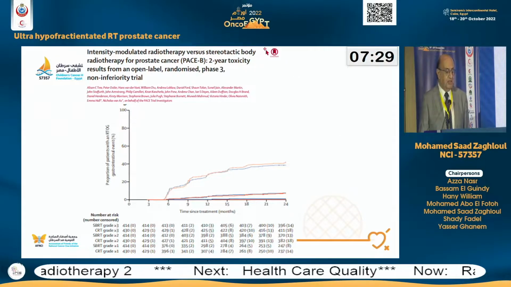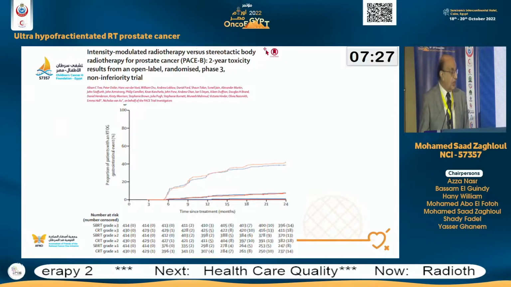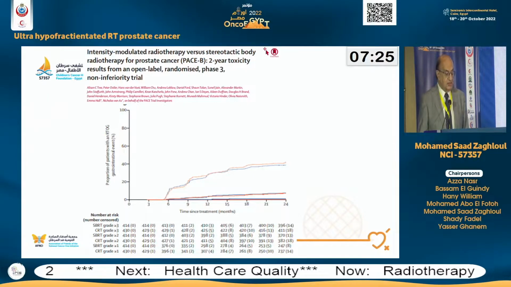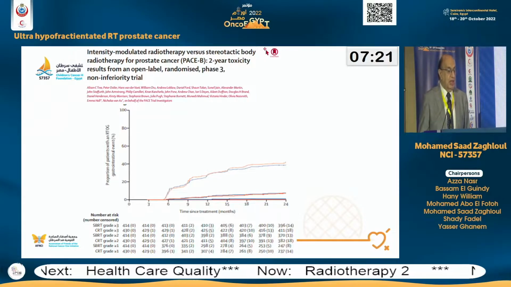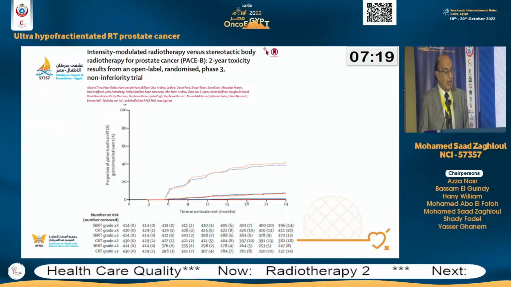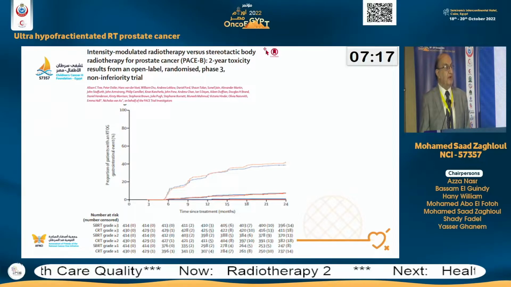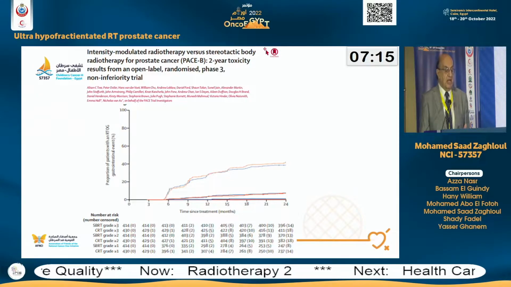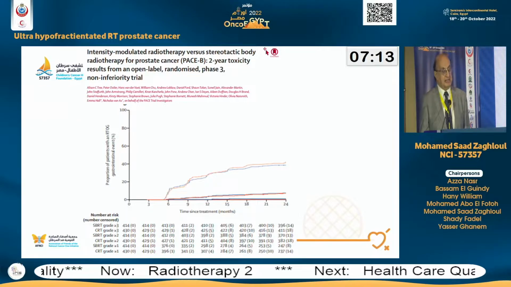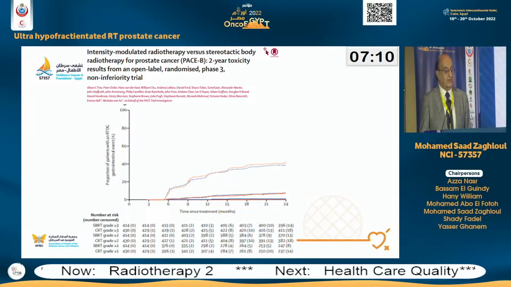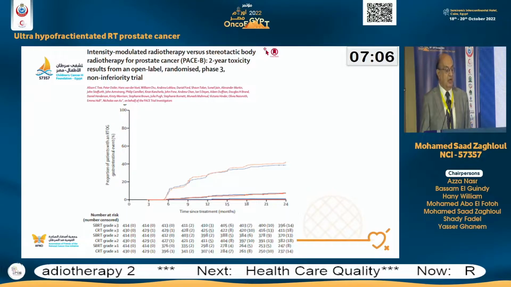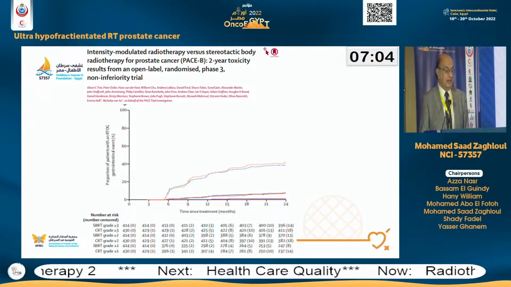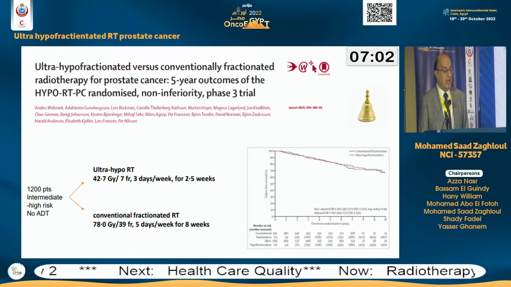As you can see here, the GI as well as the GU toxicity is not different at all from IMRT. So hypofractionation gives us the advantage of extreme or ultra-hypofractionation without affecting the normal tissue surrounding the tumor.